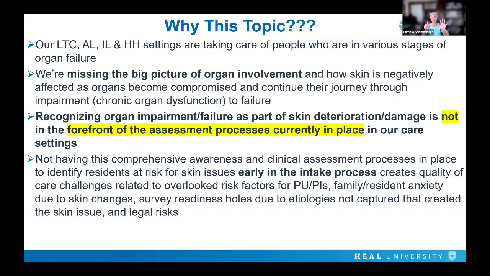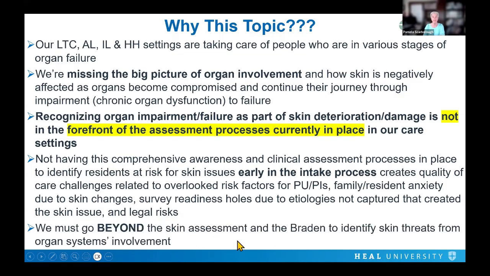You have 6 that nurses were taught to use by Dr. Braden. That's 6 out of over 100 risk factors. If you're only using the 6 Braden parameters, your pressure injury program has already failed because there aren't just 6. We have to go beyond the skin and the Braden to identify the skin threats from organ involvement.